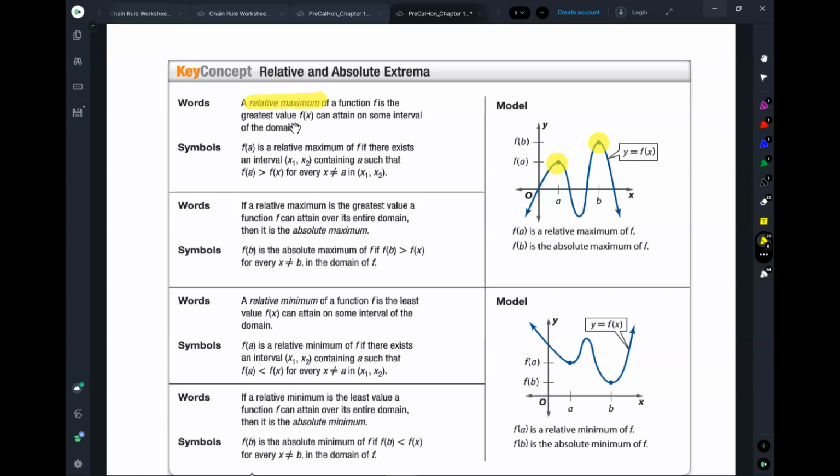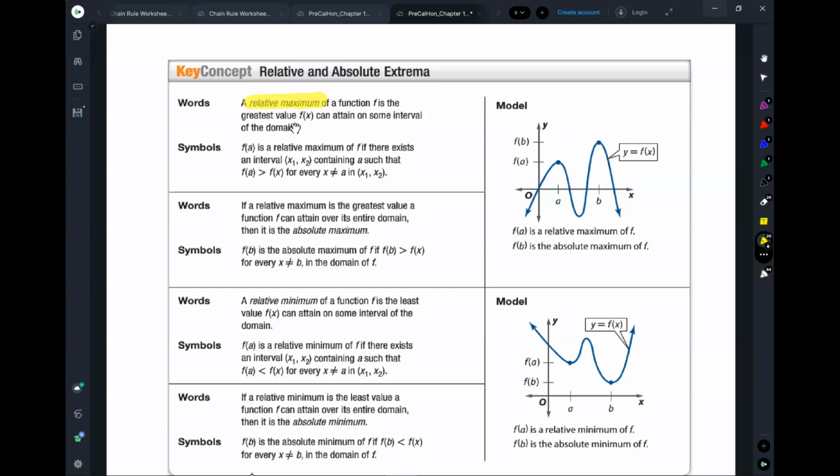In math, we rarely look at the entire graph at the same time. Most of the time, we only look at a local value. So if I give you a region here, this is the maximum. If I give you a region here, this is the maximum. So they are each called a relative maximum.